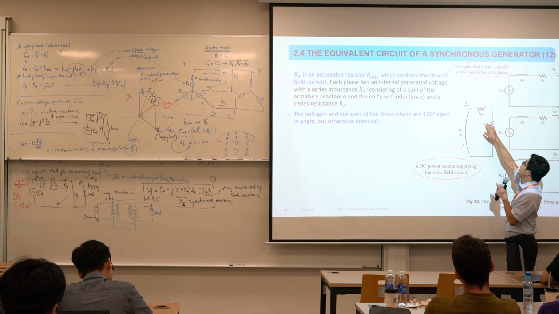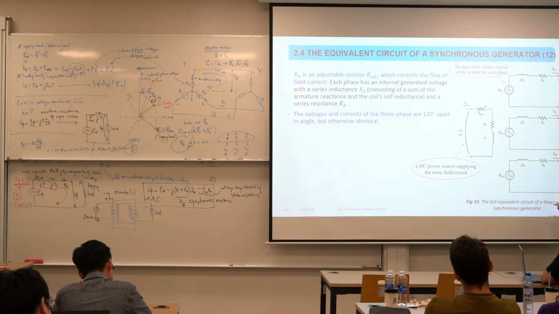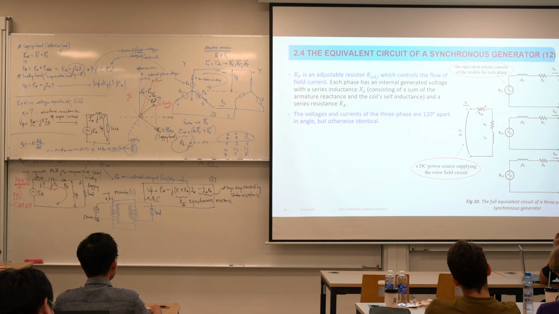And we have the field current. We also have an adjustable resistance, or a variable external resistor here. Why do we need it? Because we can actively control the value of IF. If IF increases, that means phi R, or flux, increases.